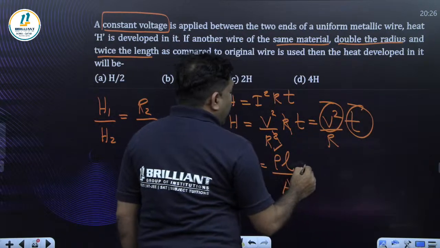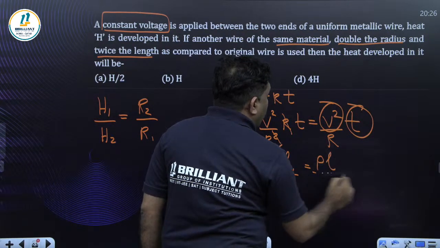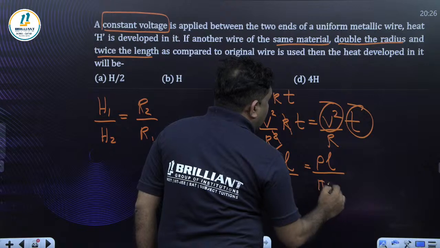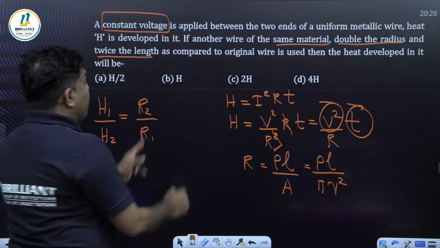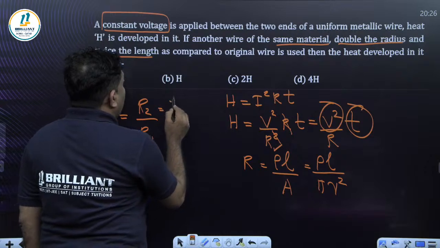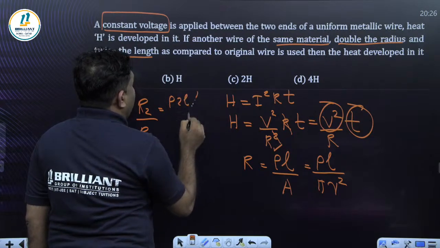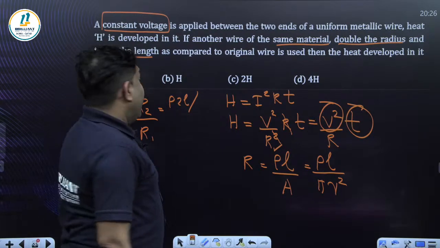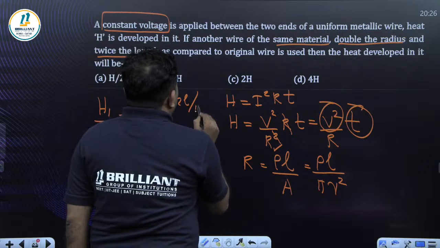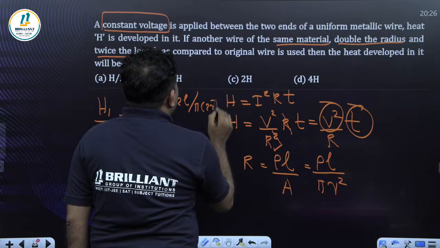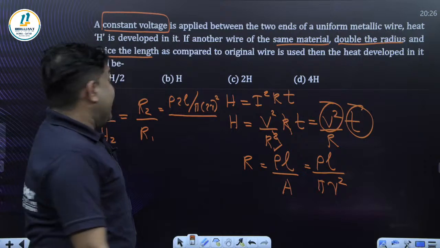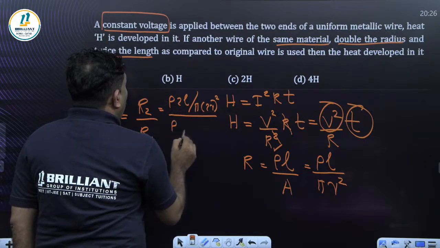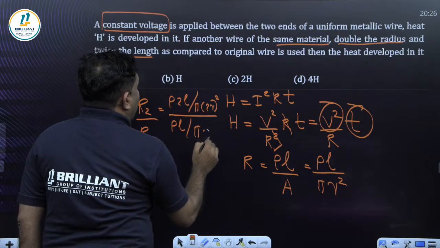So I want to write this in terms of radius now: rho L divided by pi R square. So R2 I am going to write now: rho 2L, because double the length, divided by pi into 2R the whole square, because double the radius, divided by rho L by pi R square.